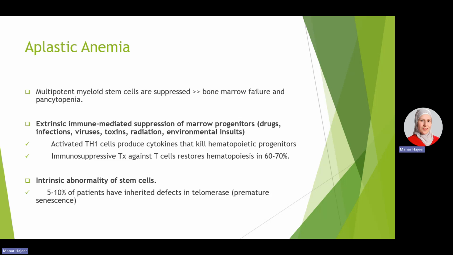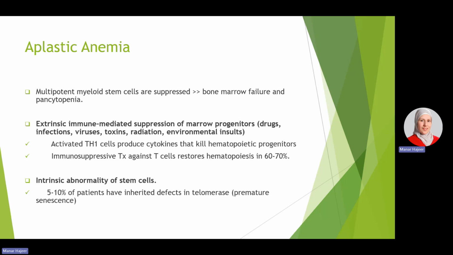Activated T helper 1 cells produce cytokines that kill hematopoietic progenitors in the bone marrow, and those patients will respond to immunosuppressive treatment against T cells, which restores hematopoiesis in 60 to 70% of cases.